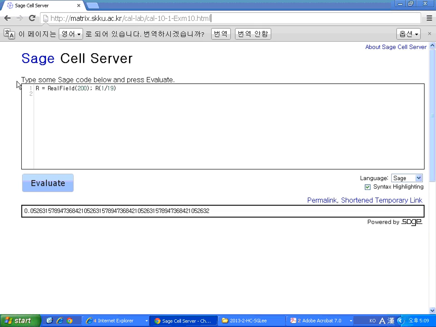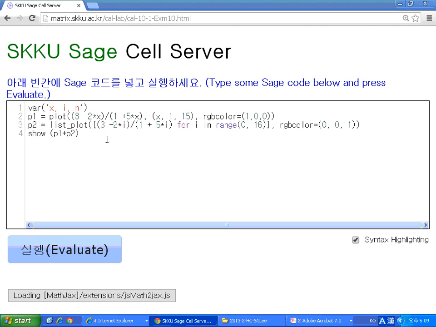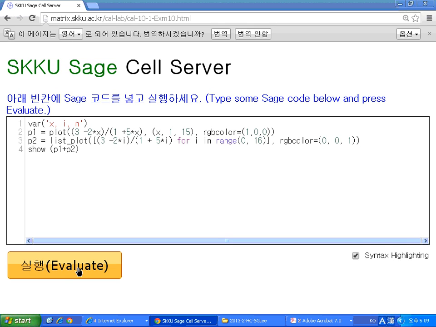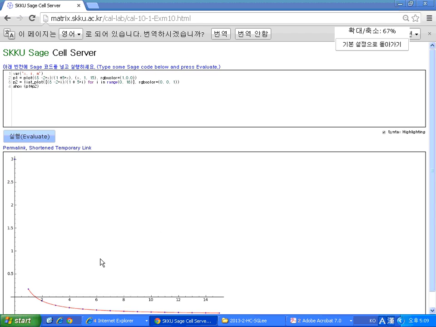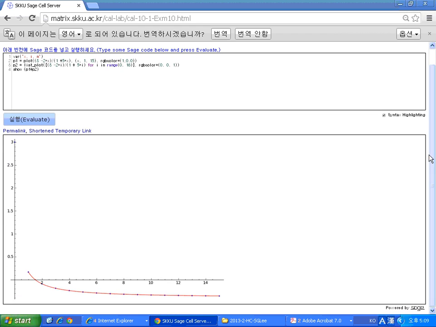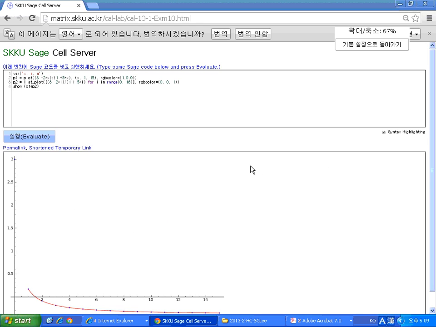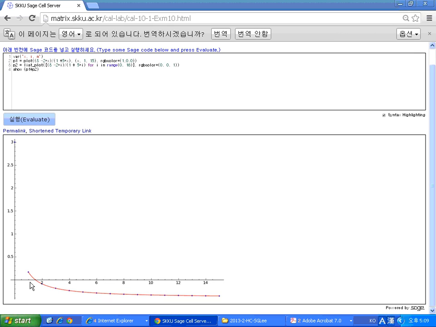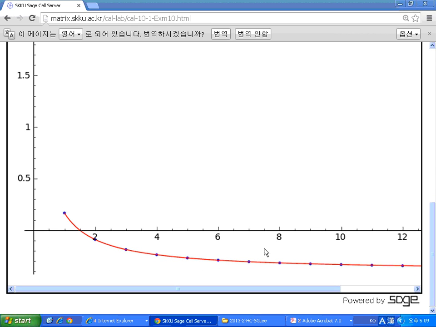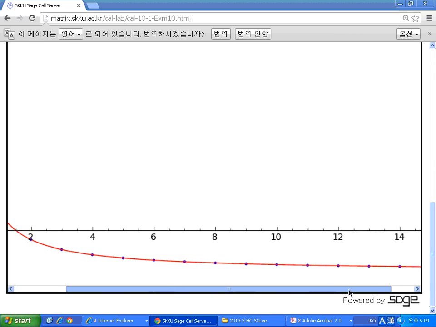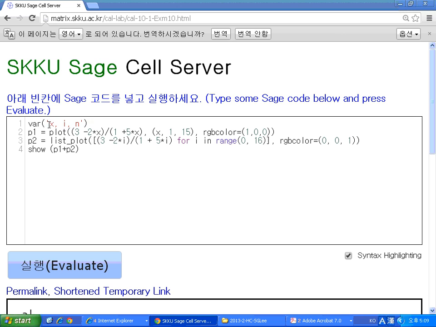If we see it, then this shows that as n goes to infinity, the terms converge to a certain point like this. You can easily draw the graph by giving this command.